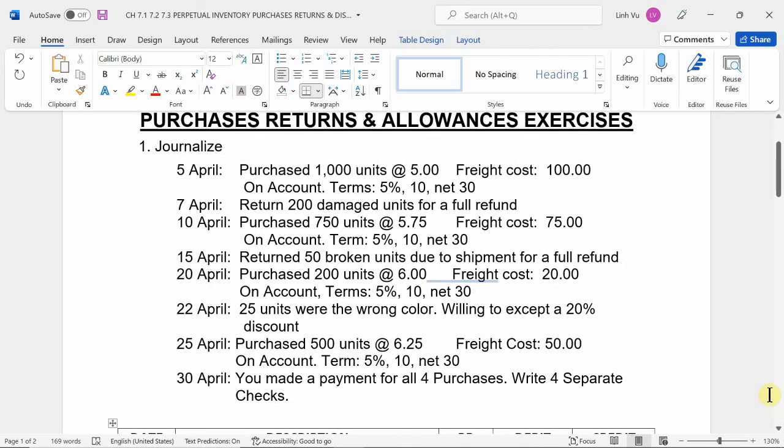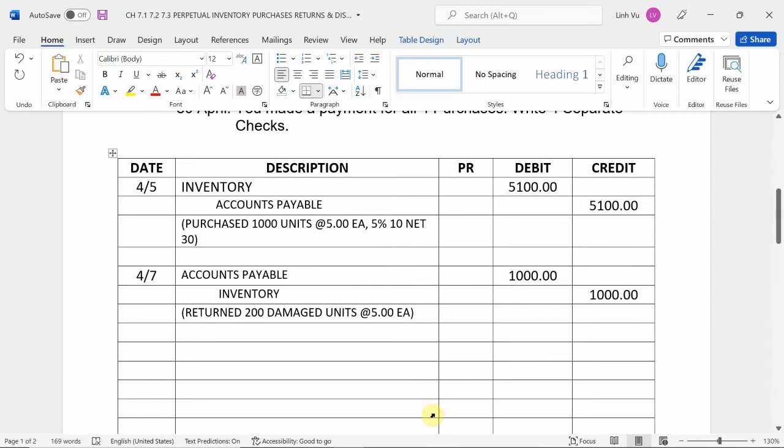April 10 rolls around and you end up purchasing 750 units at $5.75 each with a freight of 75 on account. Terms are also 5%, 10, net 30. So in this case, how am I going to journalize this transaction?